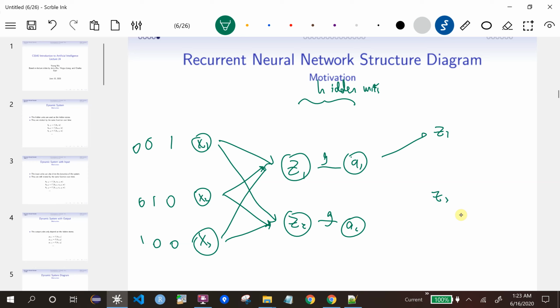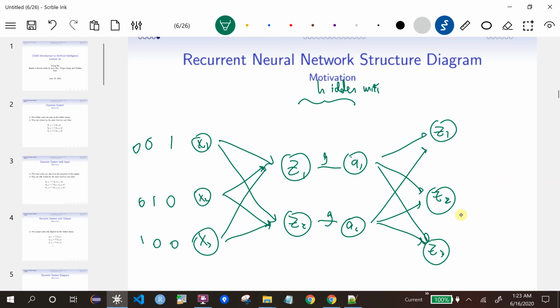Z1, say let's suppose the output is the same length as the inputs. Then we can have something like this. They are related by another set of weights, and then they are activated as well: A1, A2, A3, and possibly here the G can be, say, softmax.